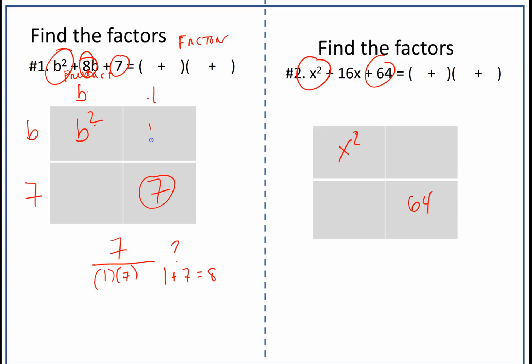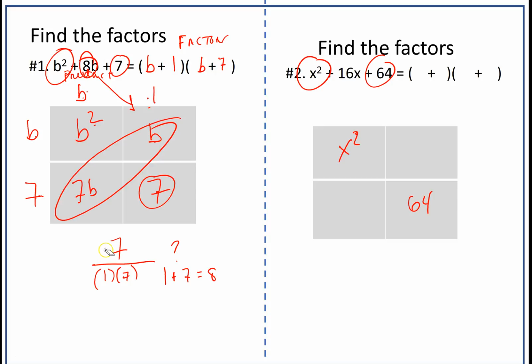B times 1 is b. 7 times b is 7b. 7 times 1 is 7. But look what happens here. 7b plus b gives us our 8b. So what's our answer? b plus 1, b plus 7.